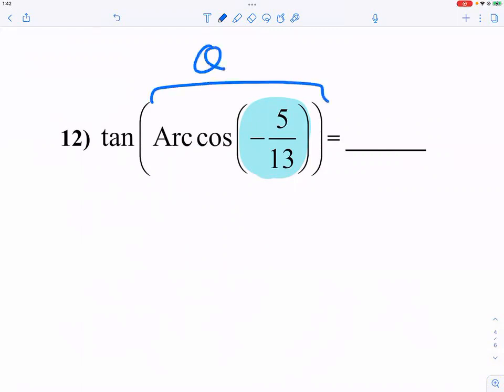This angle must be in quadrant... Nope. Quadrant 2. Right? Look at the table at the top. If the value inside the inverse cosine is negative, that tells you it's an angle sitting in quadrant 2. That's why we need to know the restrictions.